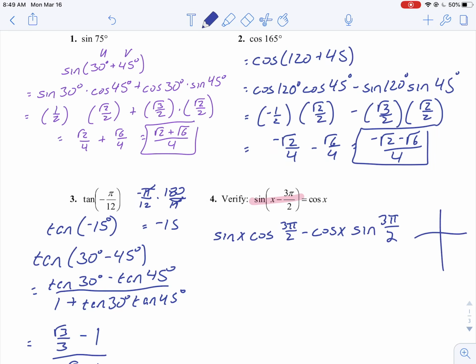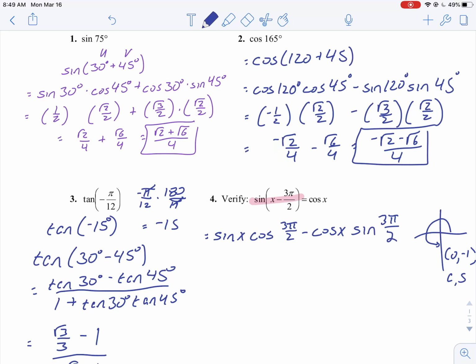Now, going back to my unit circle, 3 pi over 2 is quadrantal. It's the angle that has a terminal side on the negative y-axis. And on the unit circle, this point is (0, -1). Remember, 0 is the value of cosine of 3 pi over 2. -1 is the value of sine.